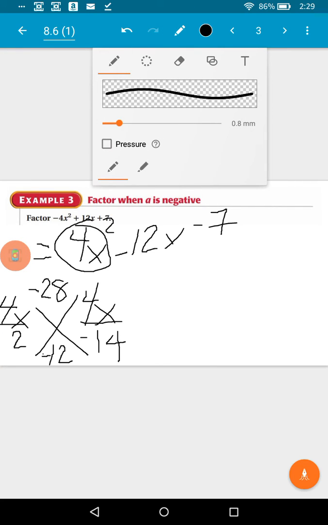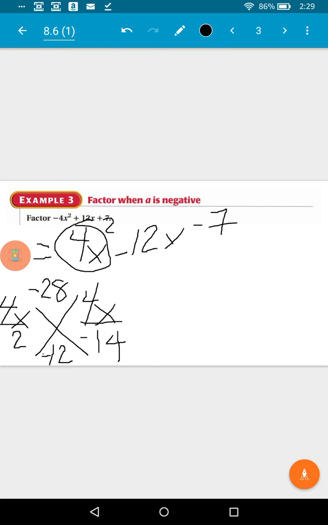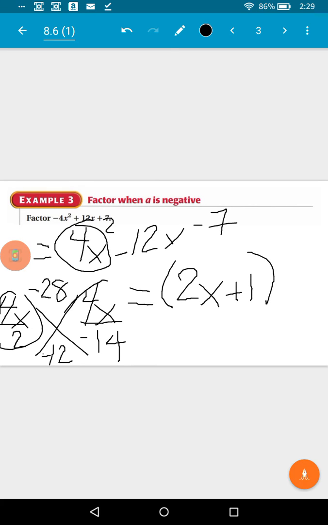So when I'm here, 4x over 2, I can reduce that by 2. So I have 2x plus 1. Over here, I also can divide by 2. So I have 2x minus 7.